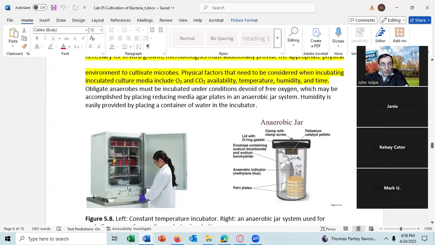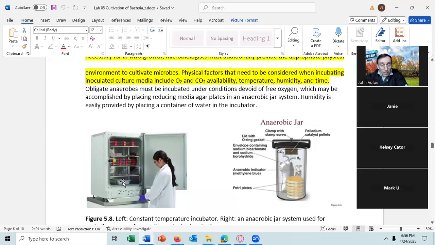We add humidity. That bucket there has water in it that adds humidity. The humidity is important because the plate can stay in an incubator for 1 to 2 weeks before drying out, meaning the cells will stay alive for 1 to 2 weeks in an incubator that has water for humidity.